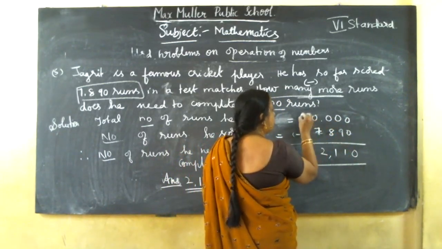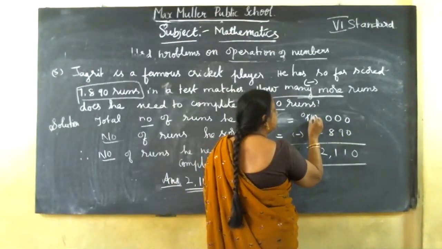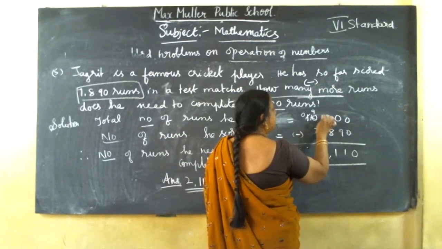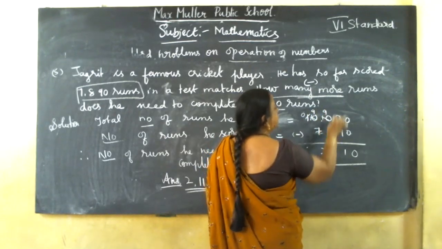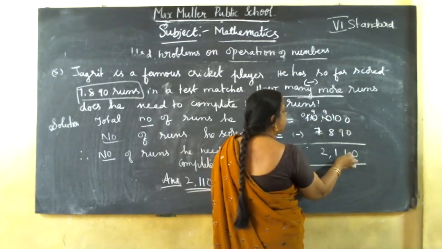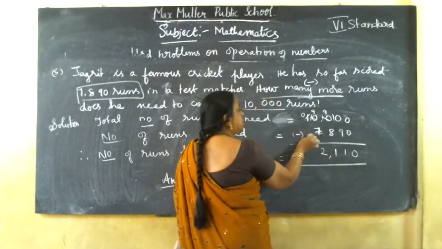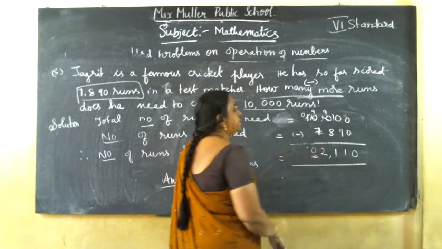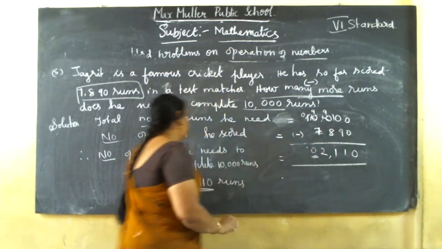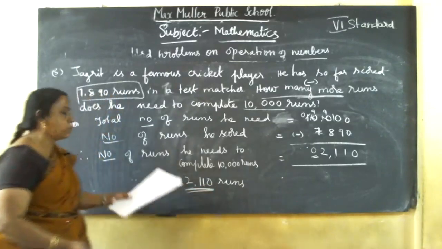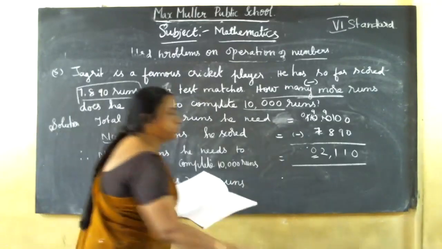If you borrow 1, it will become 0 here, here 10. So again borrow 1 from here, here 9. Again borrow 1, 9. Here 10. 10 minus 9 is 1. 9 minus 8 is 1. 9 minus 7 is 2. So here 0, highest place 0, so no value. So what is the answer? 2,110 runs he needs.